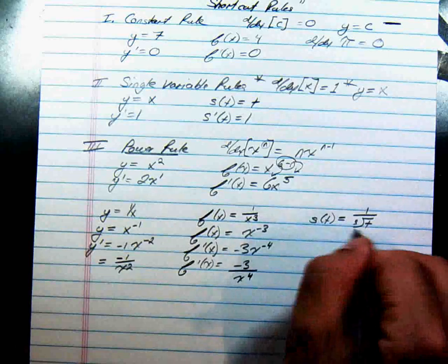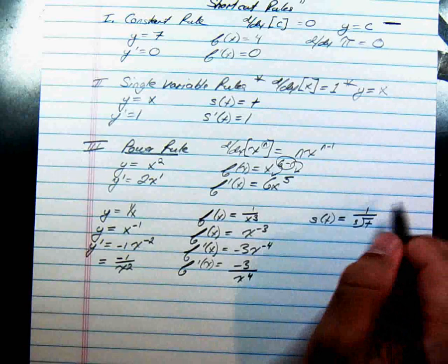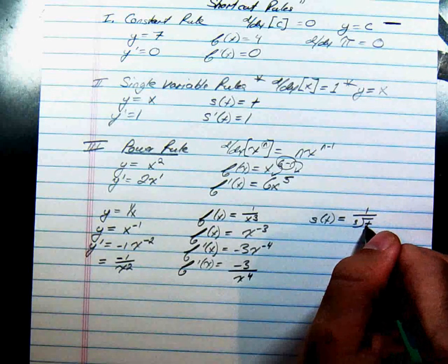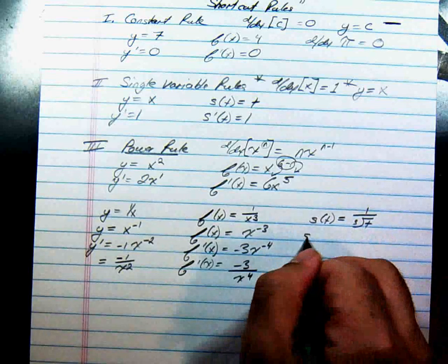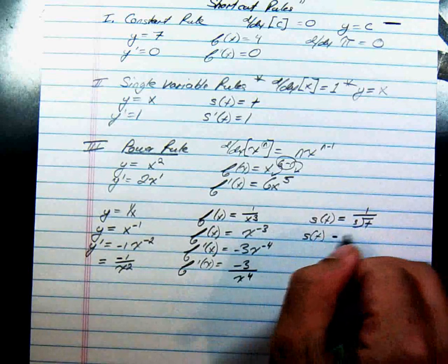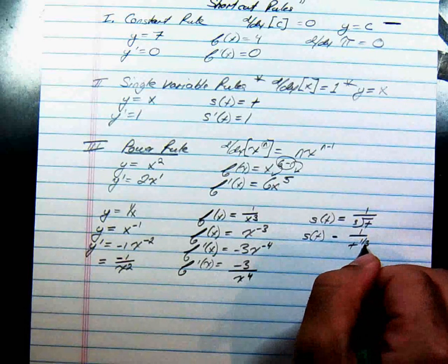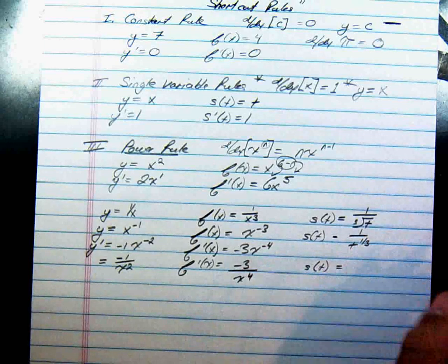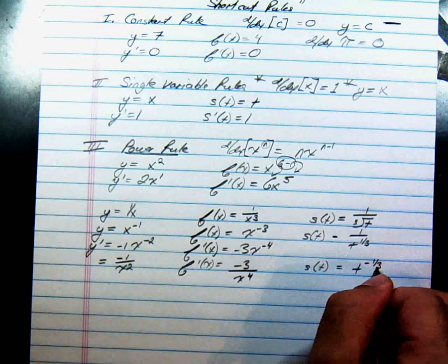Here this one may look a little weird. I never told you this before, but when you have radical notation, sometimes it helps to switch to exponential notation, to switch to rational exponent notation. So let me rewrite s of t as 1 over t to the 1/3 power. And now if I want to write it all in the numerator, that's going to be t to the negative 1/3 power.